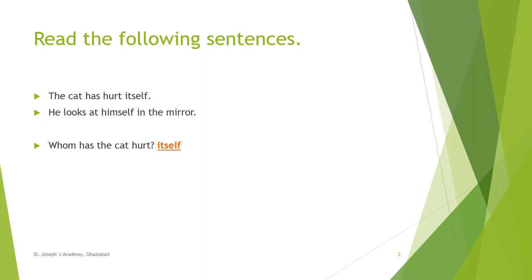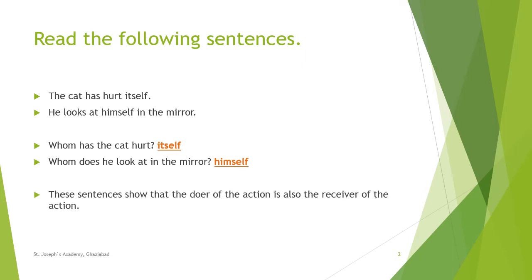In the first sentence, the cat has hurt itself. Whom has the cat hurt? The cat has hurt itself only. In the second sentence, he looks at himself in the mirror. Whom does he look at in the mirror? Himself.